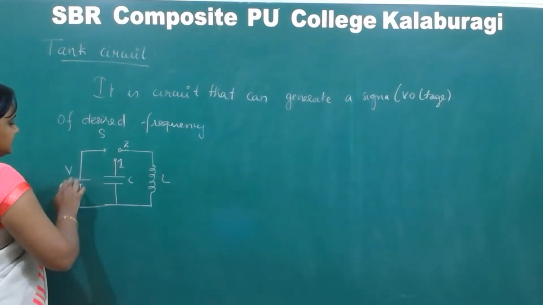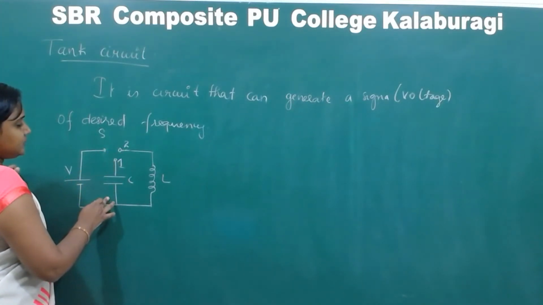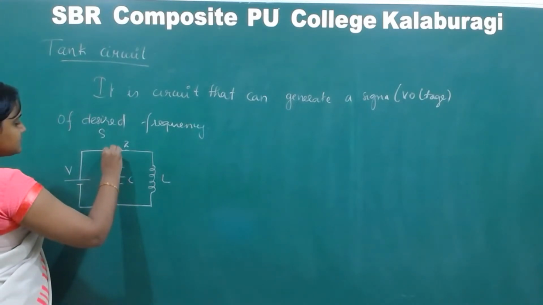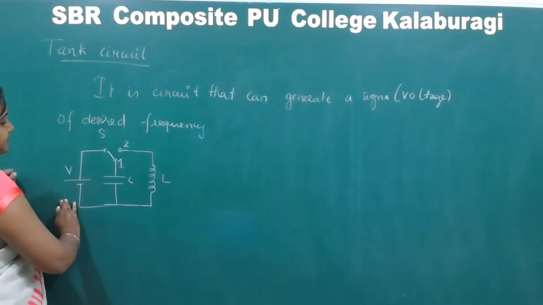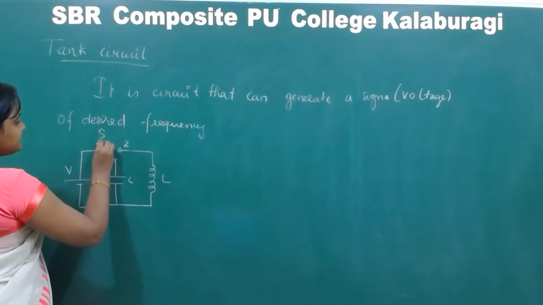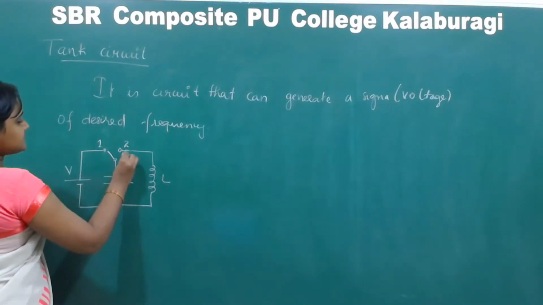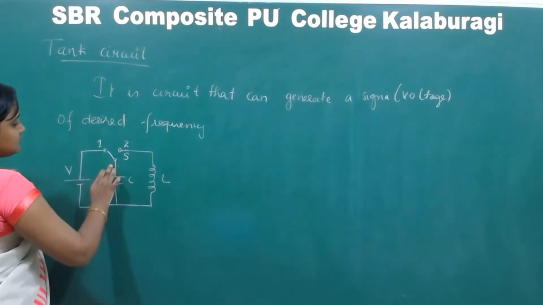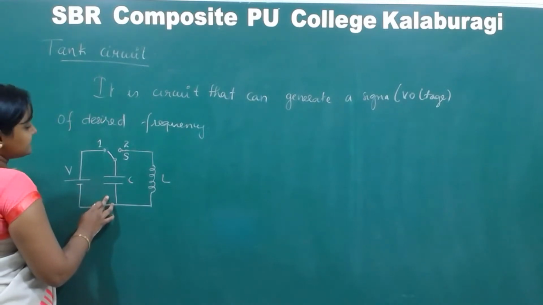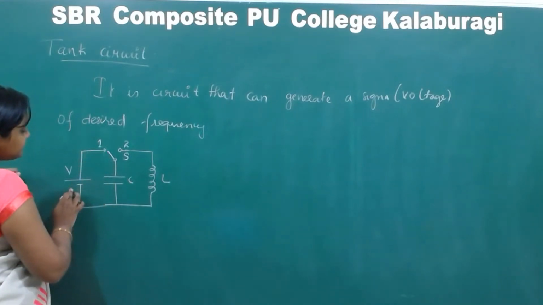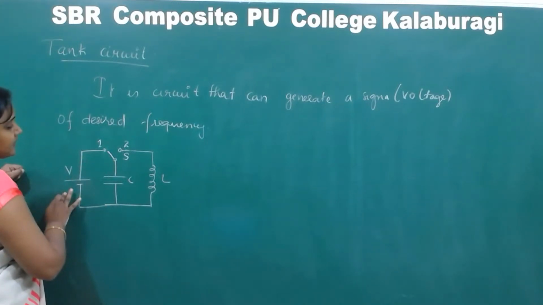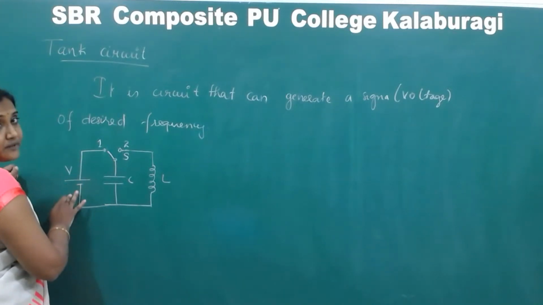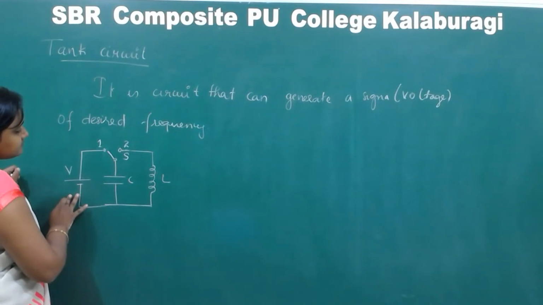When the voltage supply is connected to the capacitor, the switch is here. This is a switch. When it is connected to position 1, the capacitor is charged up to the value of V, that is, the maximum charge.